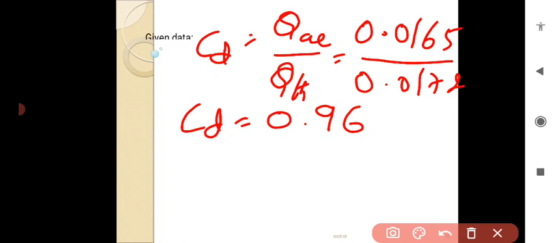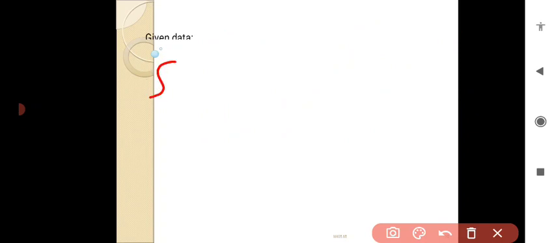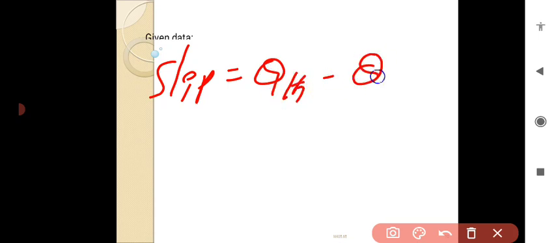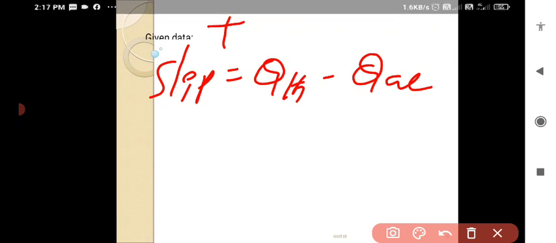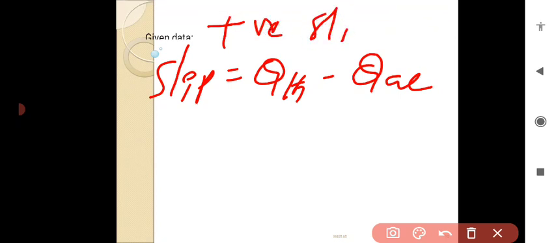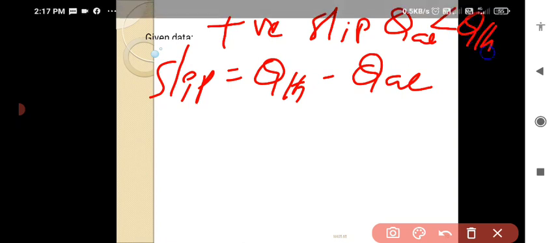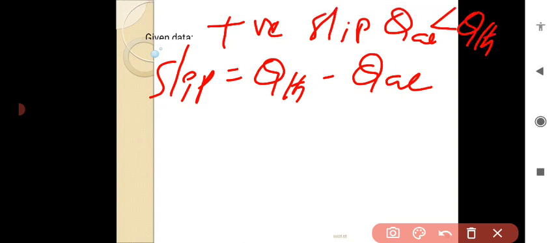And now calculate the slip here. Slip is equal to theoretical discharge minus actual discharge, because here it is a positive slip. The actual discharge is less than the theoretical discharge.